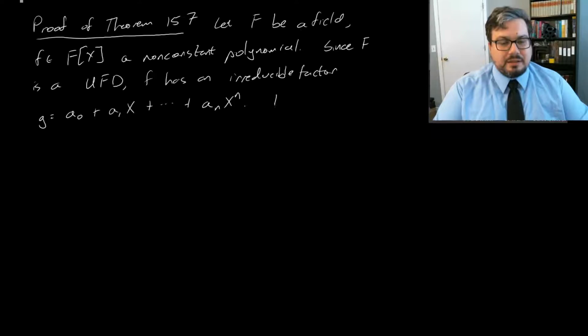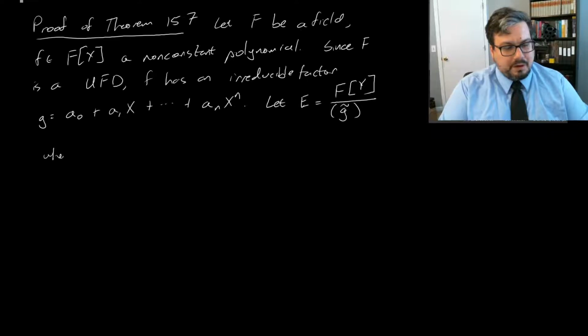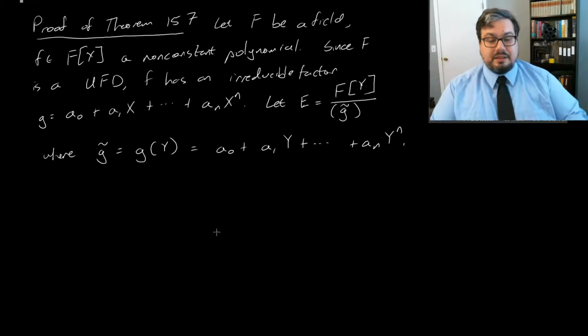So now we're going to let E equal F adjoin y divided by g tilde, where g tilde, another way we could write this would be g of y. This is just what we get when we replace all of the x's with y's in the expansion for g.